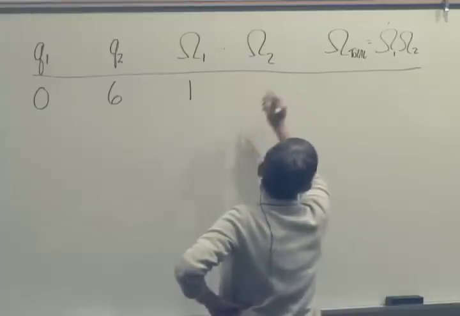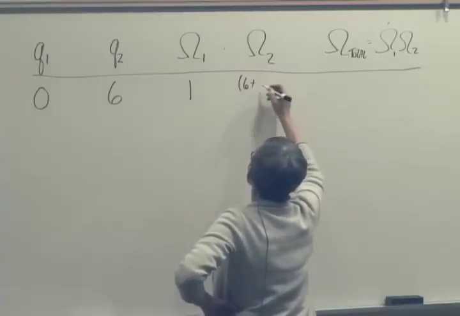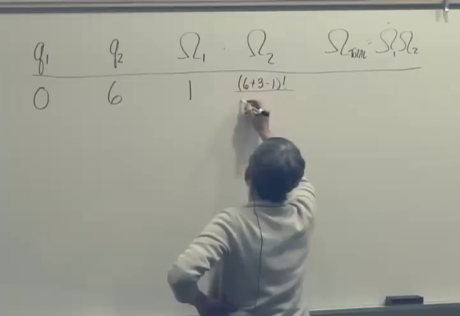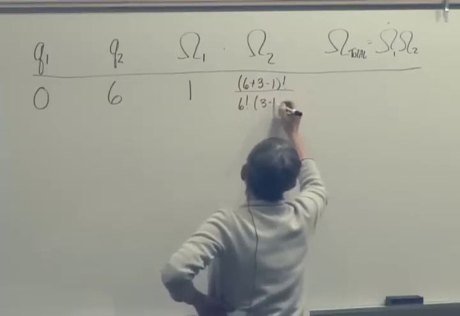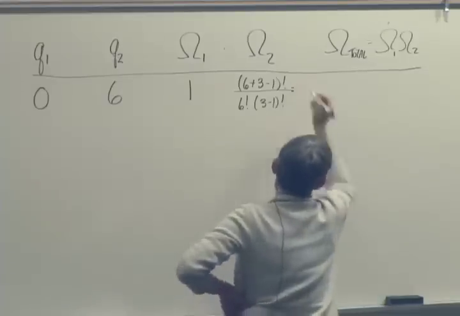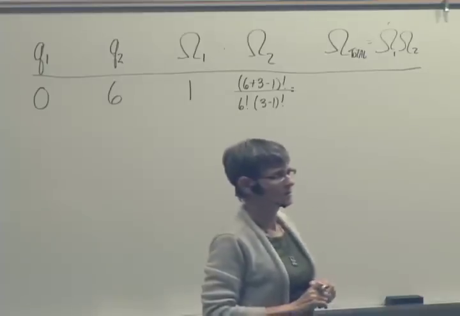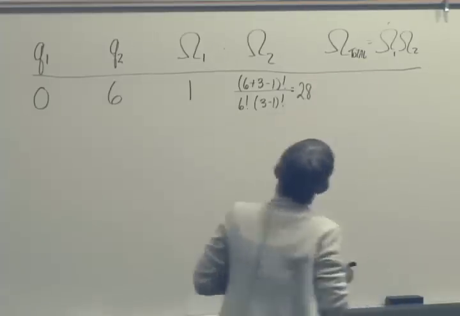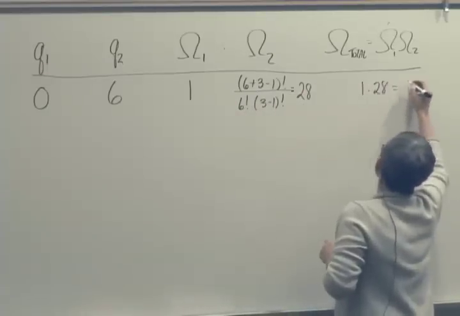Well, we have (6 plus 3 minus 1) factorial divided by 6 factorial times (3 minus 1) factorial, which is equal to 28. And so the total is 1 times 28 equals 28.